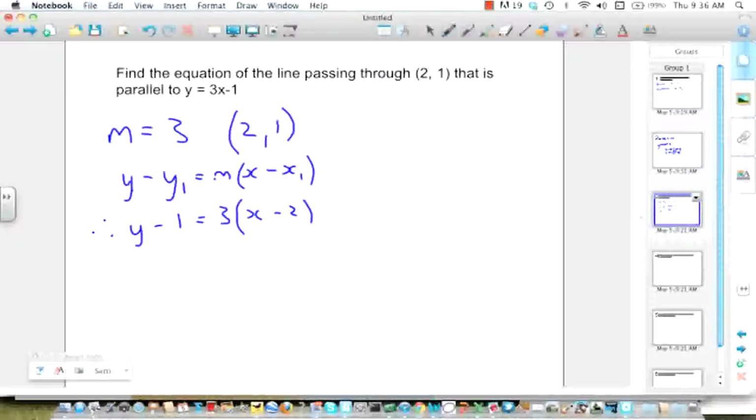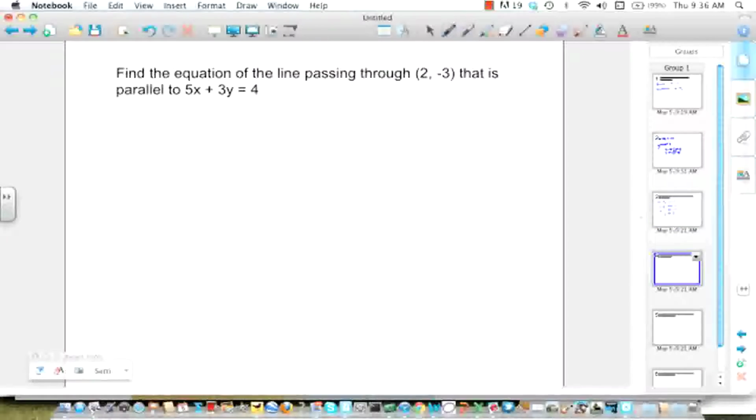Expanding and simplifying, y equals 3x minus 6 plus 1, which is minus 5. And we've found the equation of the straight line that is parallel to y equals 3x minus 1 and passes through the point 2, 1. The trick with these questions is figuring out what I was asking you, and then it's invariably using the point gradient form.